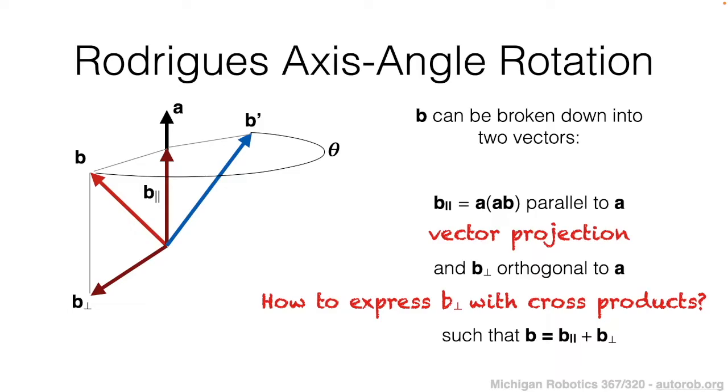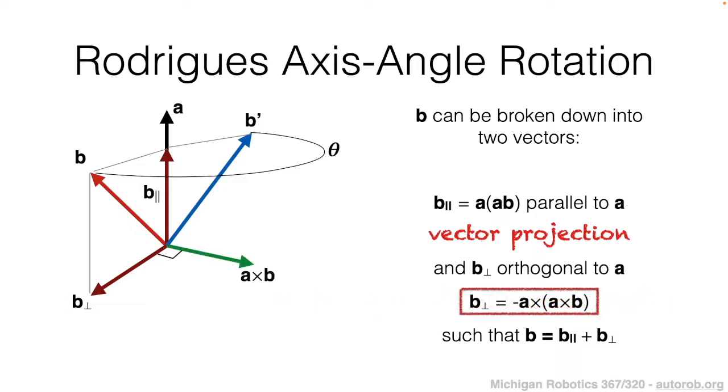And then secondly, to compute B orthogonal, we can take the negative A cross with the cross product of A and B. That's a useful exercise to go through to make sure that your understanding of cross product and dot product is sound. But at this point, we know that we can compute these two component vectors, B parallel and B orthogonal. And now the question is, how can we use them to make our transformation calculations possible and simple?